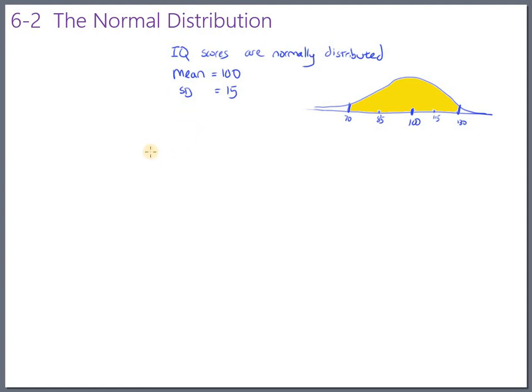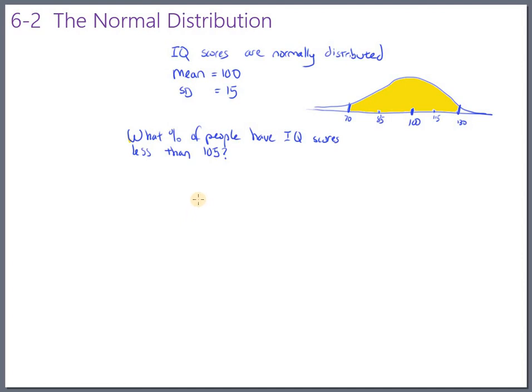But the question they'll often ask will be something like, what % of people have IQ scores less than 105?